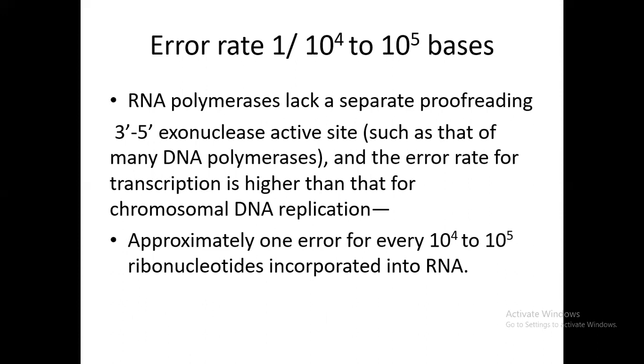Coming to the error rate of the transcription process, there is approximately one error every 10 to the power 4 to 10 to the power 5 bases that are synthesized. This means that there are quite a good number of errors if we compare the process with the replication process.